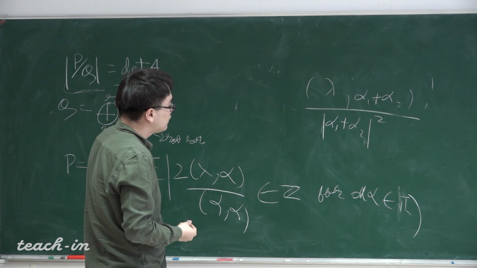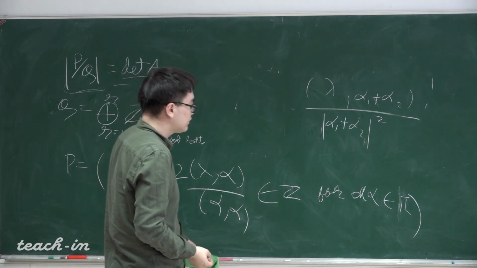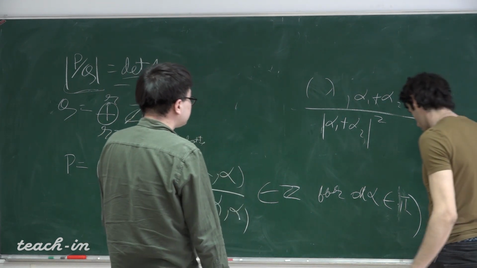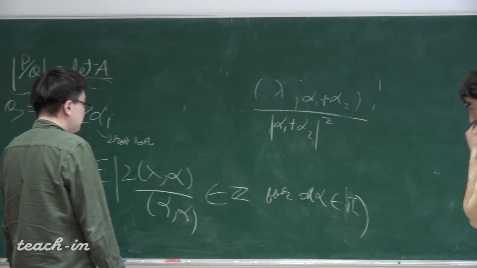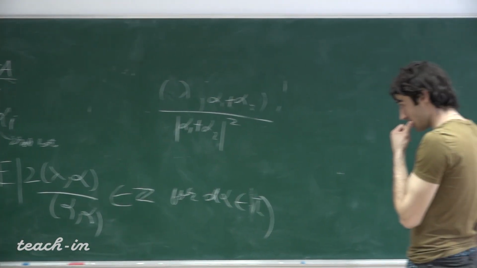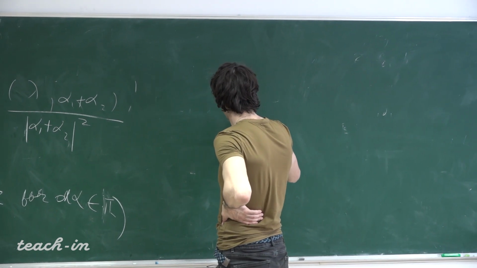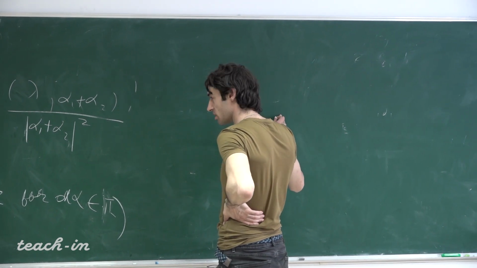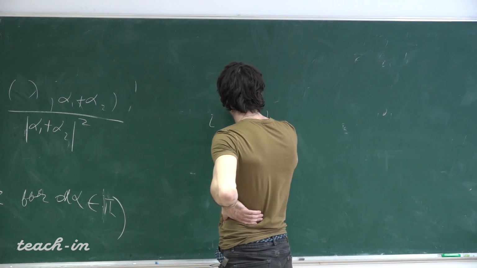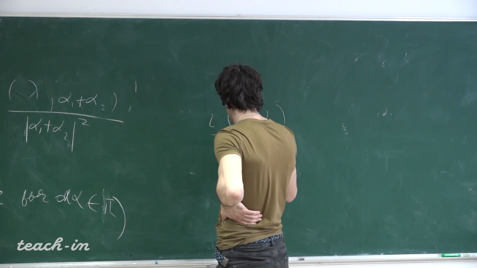So suppose that your lambda with all simple roots, right? You would like to check that this is an integer.